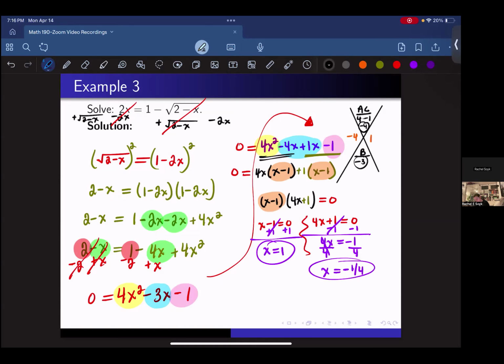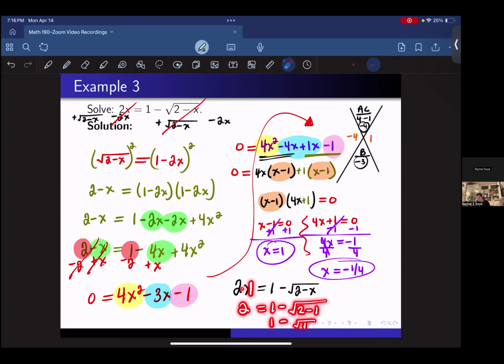Okay. Last but not least, we want to check to see if these work. So we want to plug these back into 2x is equal to 1 minus square root of 2 minus x. If we plug 1 back in, we have 2 times 1 gives us 2 equals 1 minus, in parentheses, 2 minus 1. And 2 minus 1 is 1.